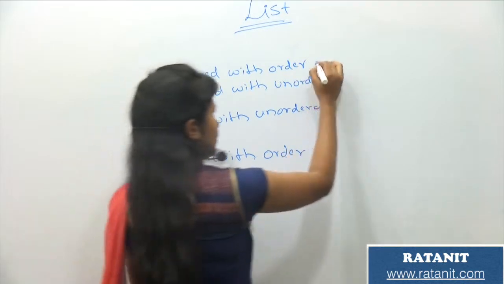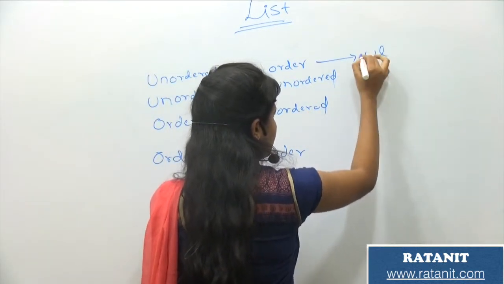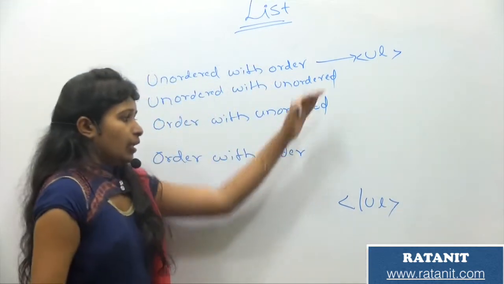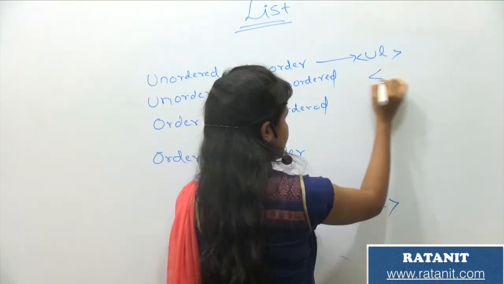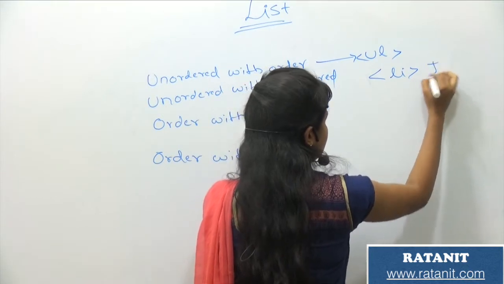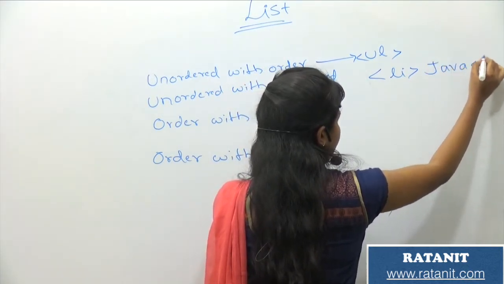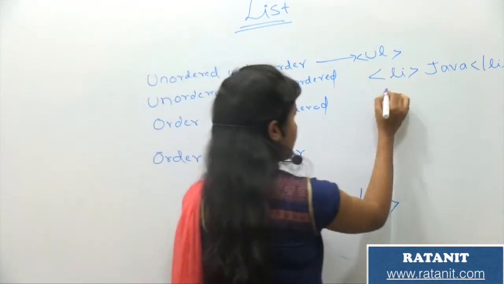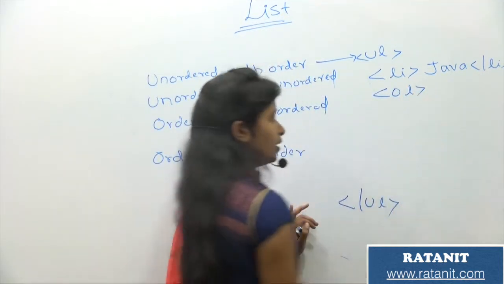See, first one, unordered with ordered. In unordered list, I am having, okay, in that I am having again an ordered list.